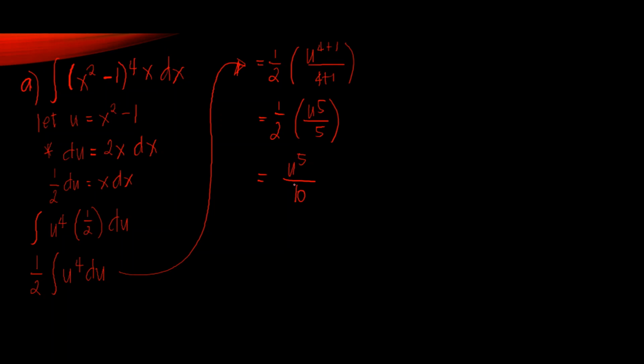So, yun din yung gawin natin dito sa final answer natin. So, yung u natin, we get it from here. This is equal to (x squared minus 1) raised to 5 over 10. So, this is our final answer for example letter A under integration by substitution.